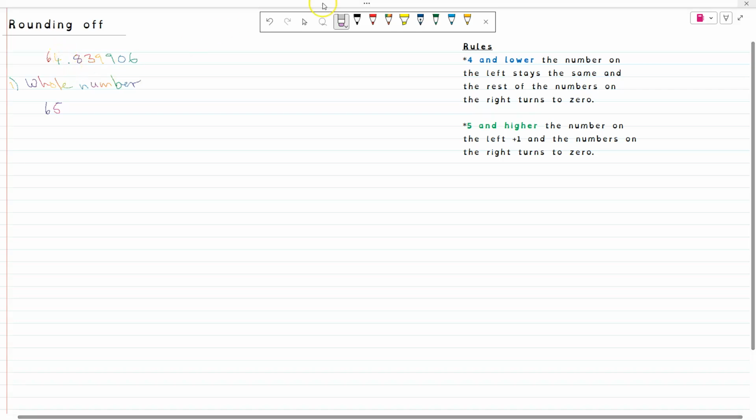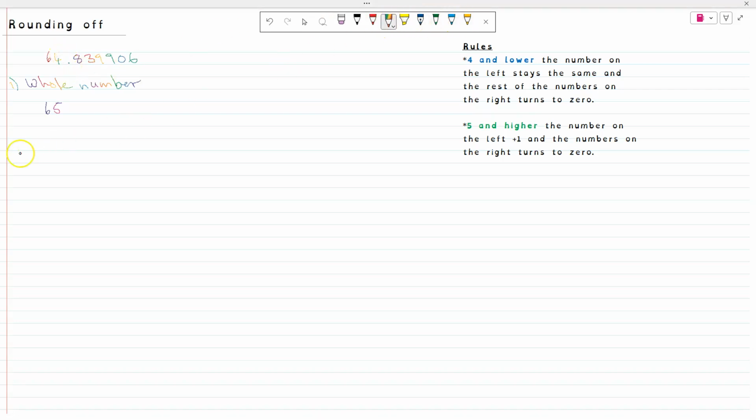The next one, we need to round off to the nearest first decimal place. So, to 1 decimal. Decimal. Spelling mistake there. Okay, so decimal place. Okay, now we look at what's the first decimal place.